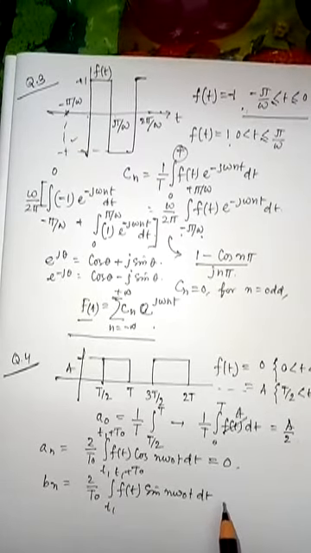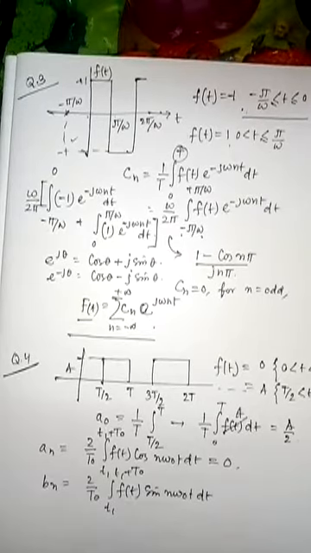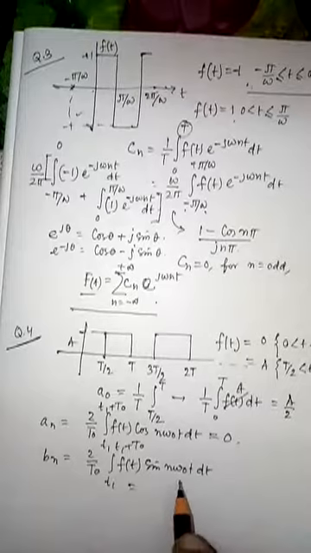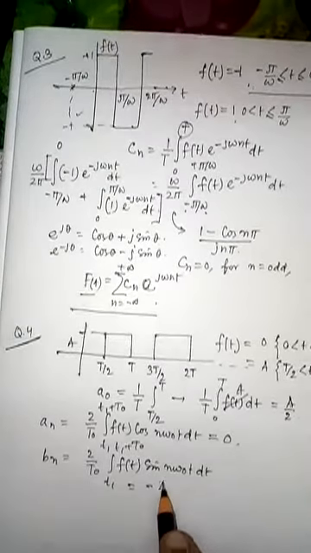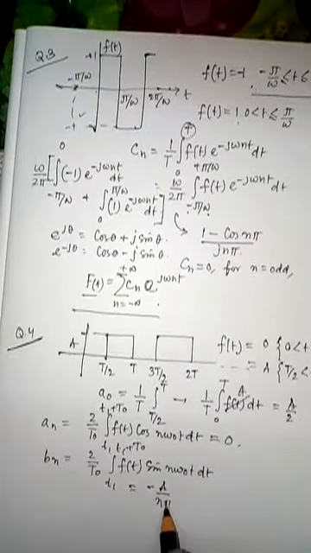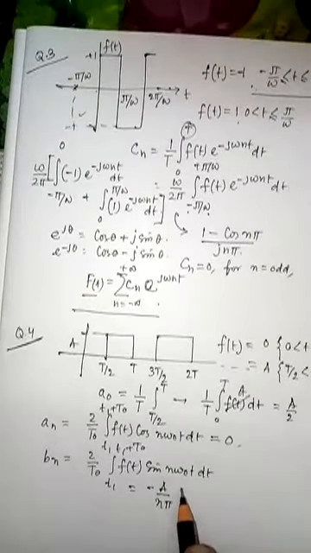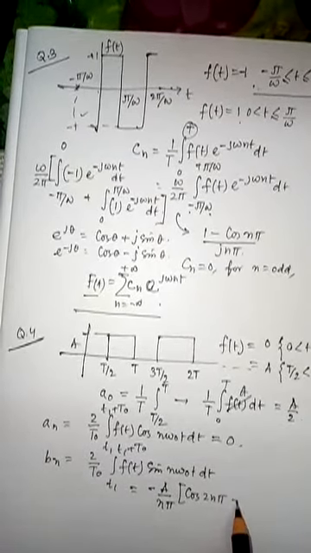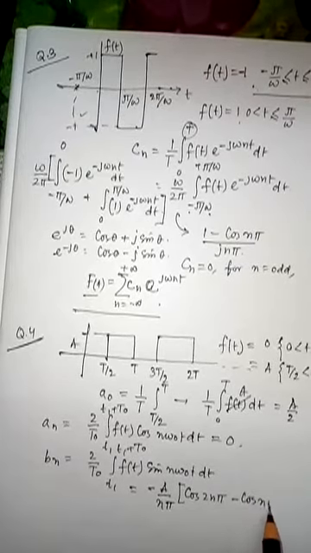If you integrate it out, finally it will come as a by n pi and cos of 2n pi minus cos of n pi.